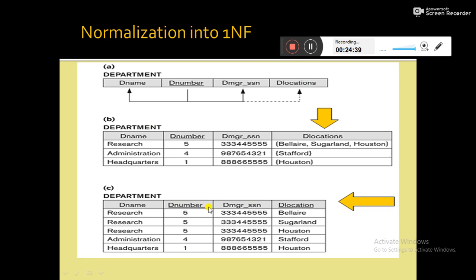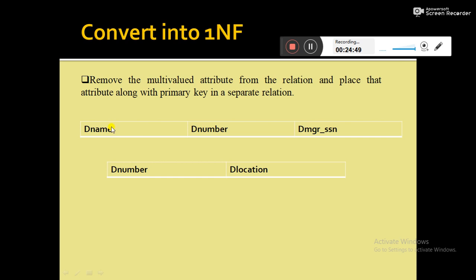So these three will be intact in the relation department, where D number is the primary key, and the multi-valued attribute D location should be placed in a separate relation along with the primary key D number.